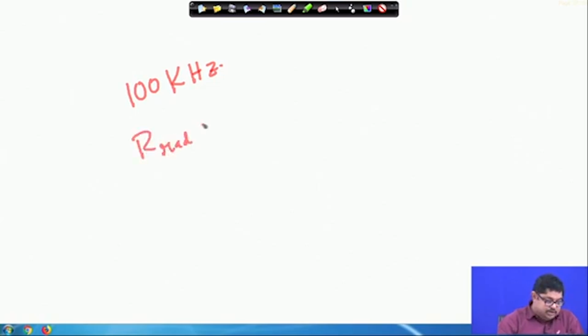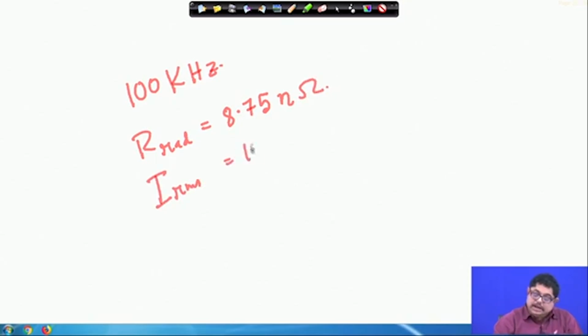Radiation resistance will turn out to be 8.75. Previously it was micro ohm, now it is nano ohm, and IRMS required will be 10.7 kilo ampere. Previously it was 100-some ampere, now 10.7 kilo ampere. So, you see, practically there is no use for this.